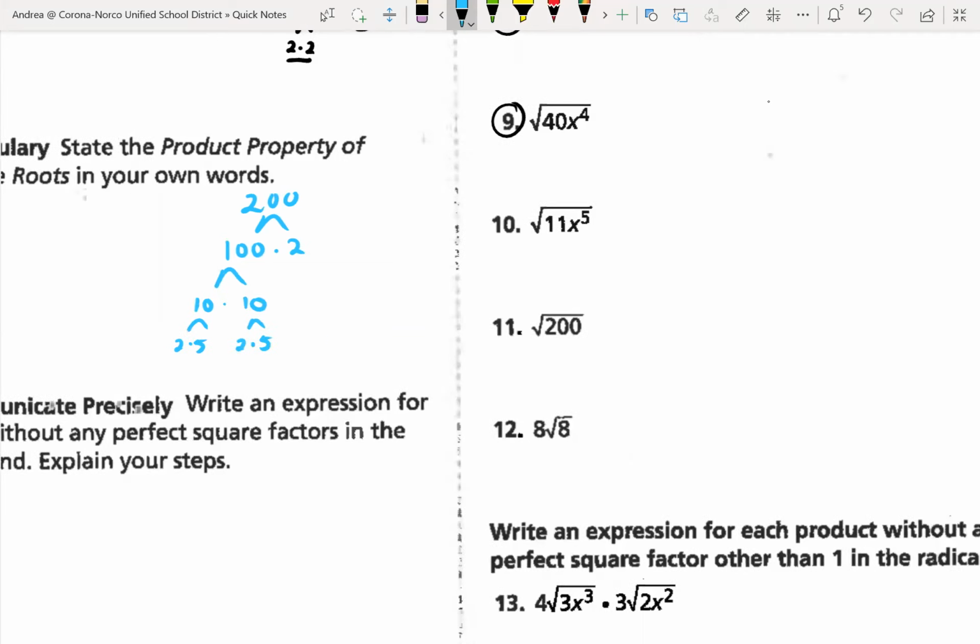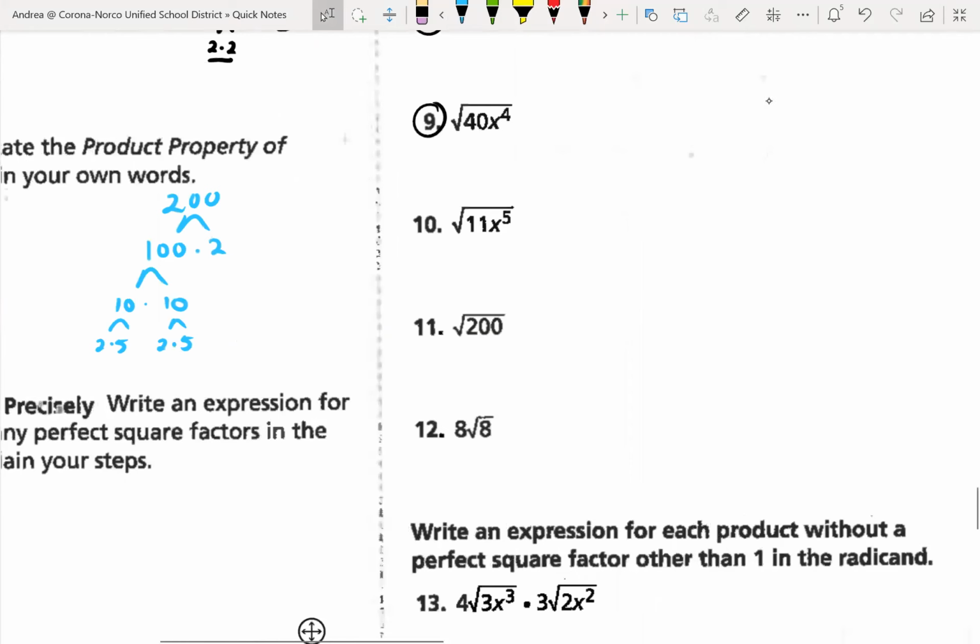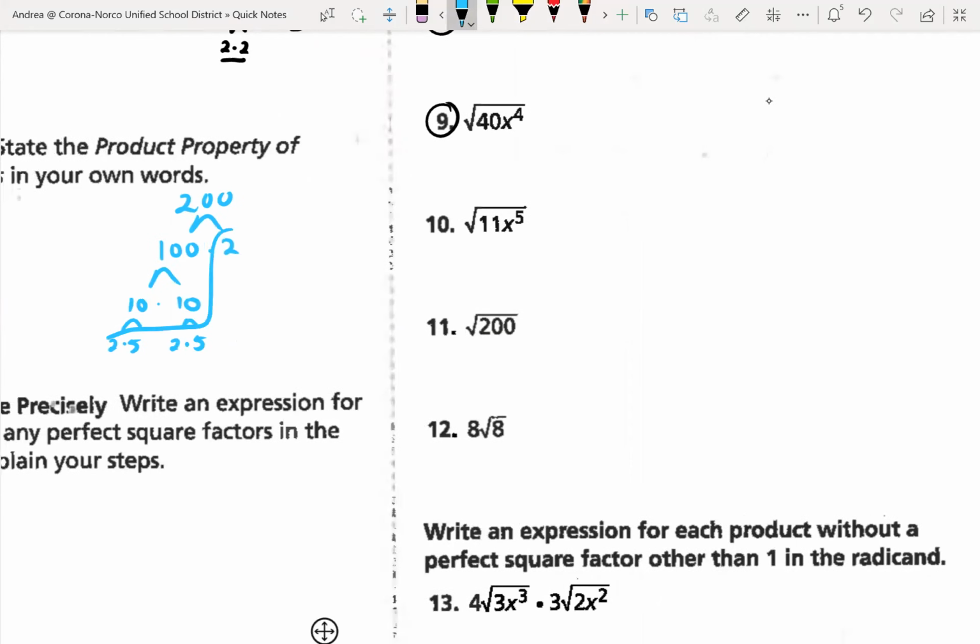So when I write this out, it's all of the prime numbers. These are not the numbers because I factored them further. So it multiplies to 200: 2 times 2 times 2 times 5 times 5. If I multiplied all those numbers together, I'd get 200.